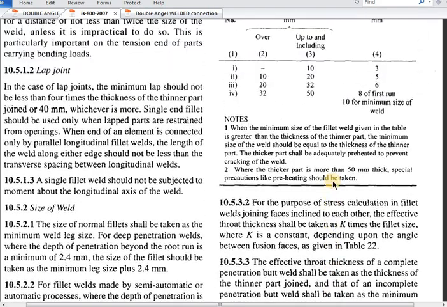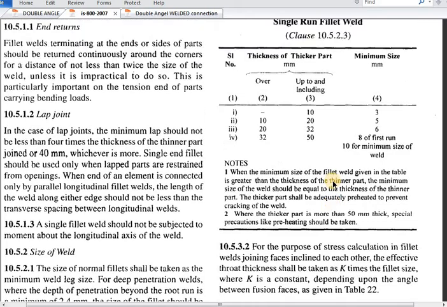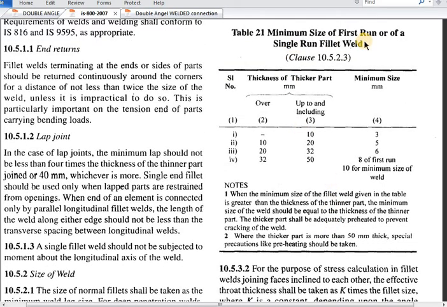What does this IS code say about the minimum size of the first run or of a single run fillet weld? The minimum size of fillet weld is 3 mm when the size of the angle section is up to and including thickness 10, because we have the size 125 by 75 by 10, so 10 is the thickness.